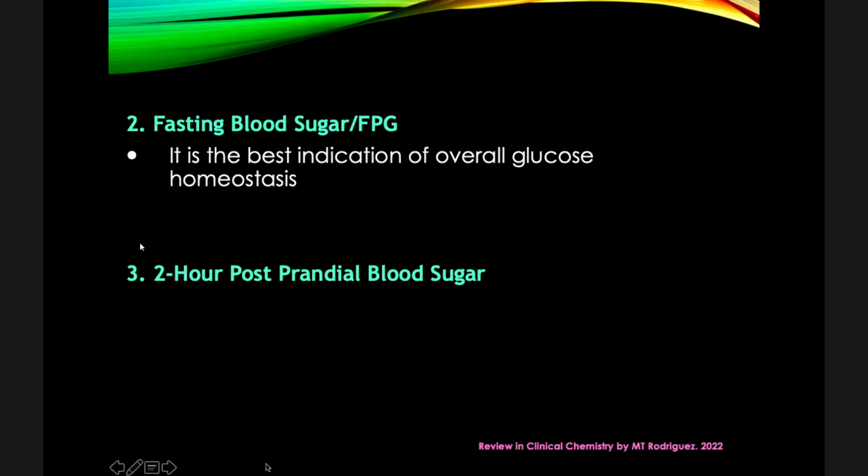2-hour postprandial blood sugar test, it means blood should be drawn 2 hours exactly after eating a complete meal. Guys, kailan madalas i-request si 2-hour postprandial blood sugar test? Usually in the morning. You will instruct the patient, ma'am, ganito, pupunta kayo sa hospital. Then, once you reach the laboratory, you have to present this request.